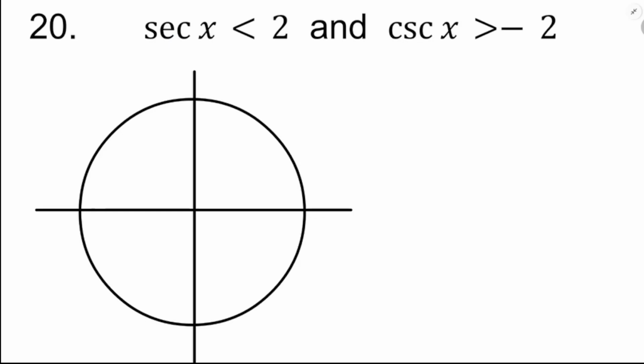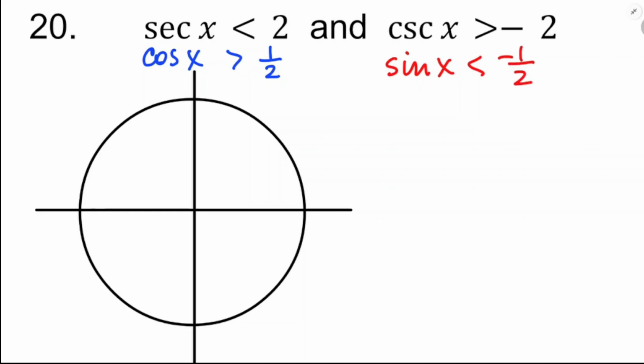That would be only if cosine x was greater than 1/2. And then cosecant x, I'm going to flip that and make it sine x is less than negative 1/2.